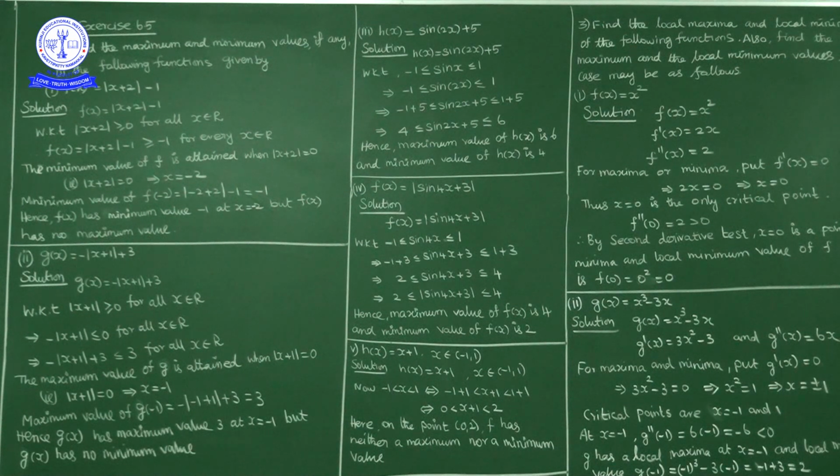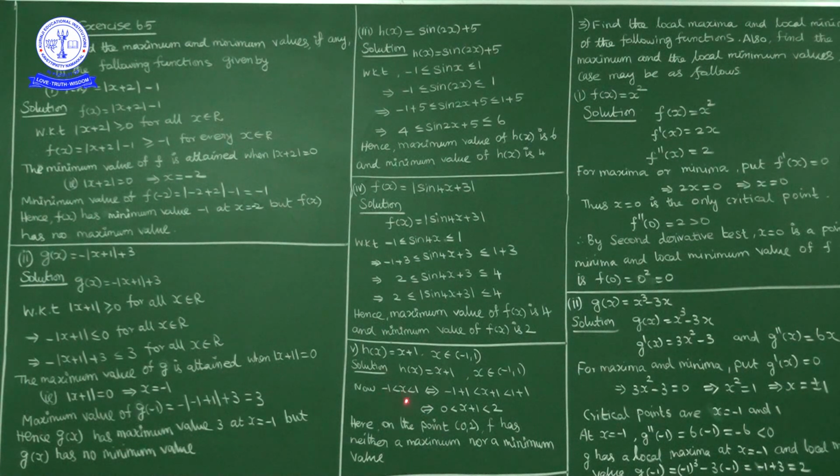Question number 5. h of x equal to x plus 1, where x belongs to minus 1 to plus 1, an open interval here. Now x belongs to the open interval minus 1 to plus 1 means minus 1 is less than x, which is less than 1.